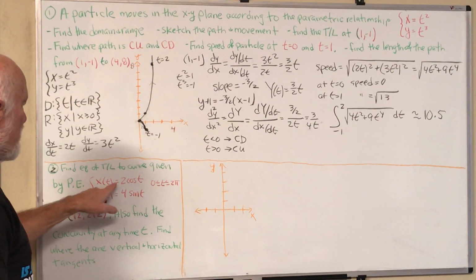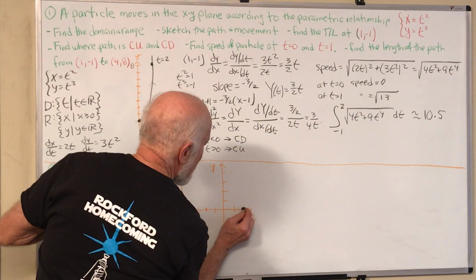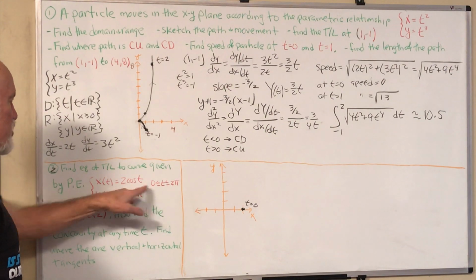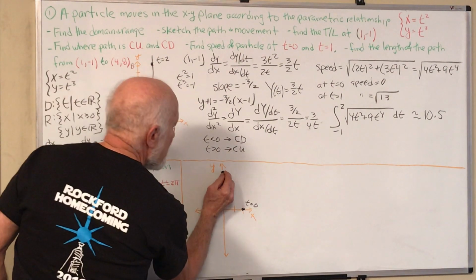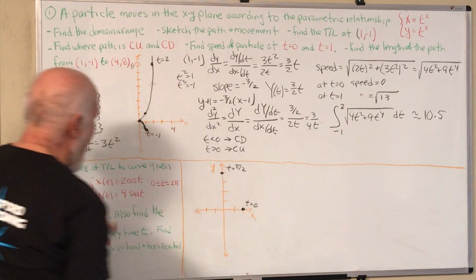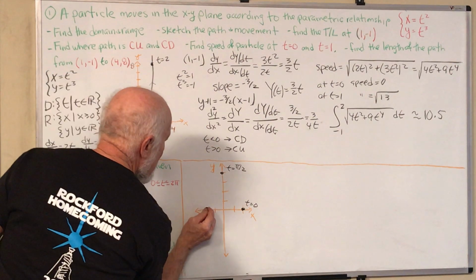At time 0, you're going to be at (2, 0). So there's at time 0. At time pi over 2, you're at (0, 4). At time pi, you're at (-2, 0).